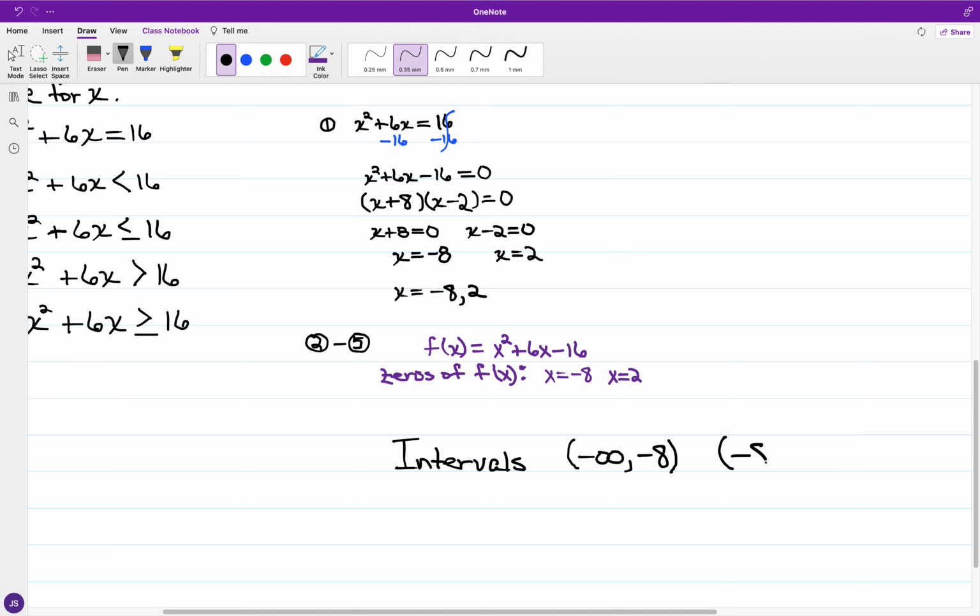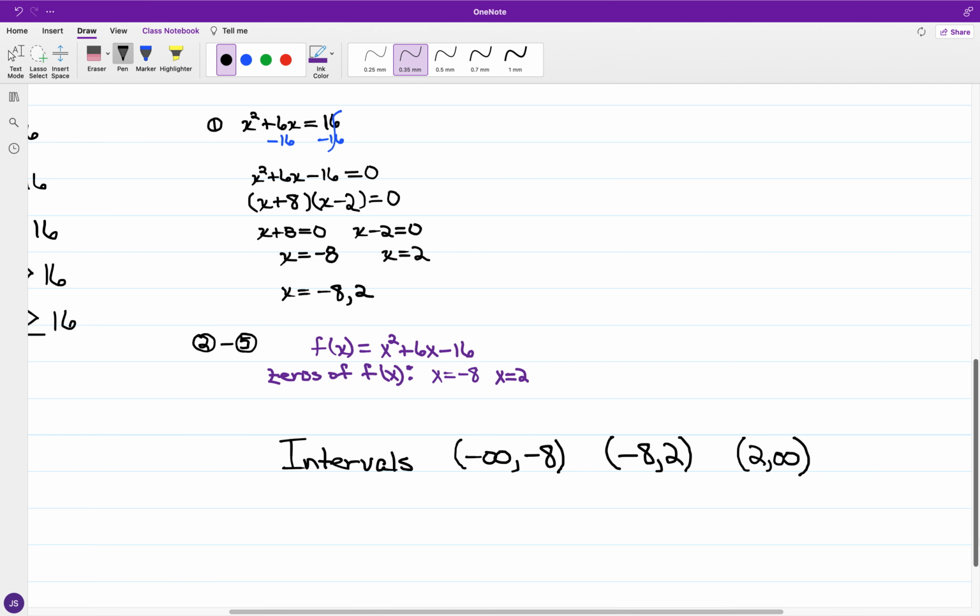Then for the next set, I have between -8 and +2, with 2 being the second and last of the zeros. The rest of the possible values of x are between 2 and infinity. For the intervals set up in the table, we're going to have the exclusive use of parentheses.